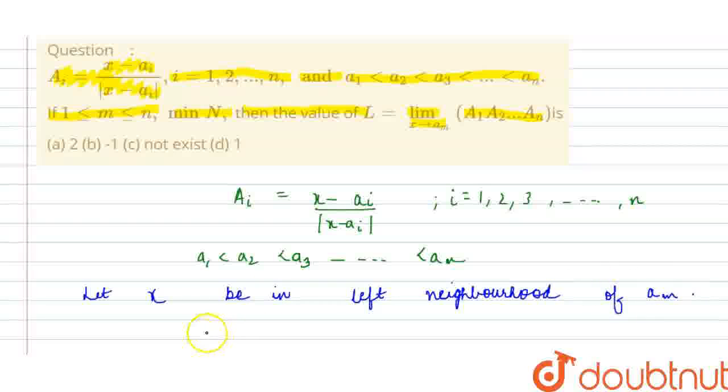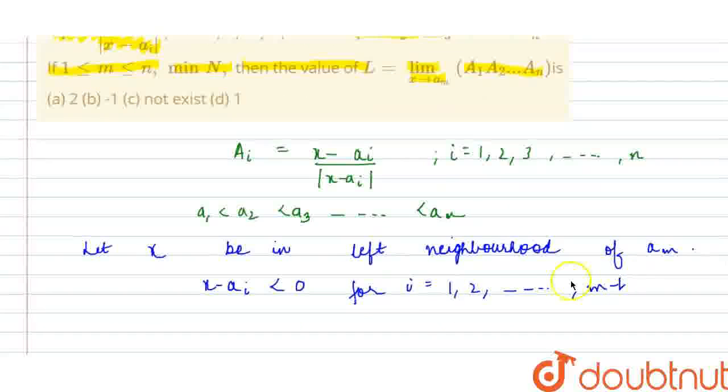Then x minus ai would be less than 0 because it is in the left neighborhood of am, and this would be for i equal to 1, 2 up to m minus 1. Now proceeding forward, if this is the case, then we can say x minus ai would be less than 0.